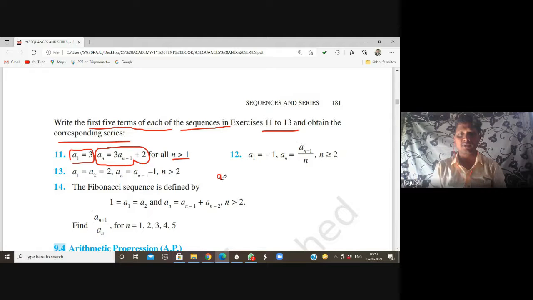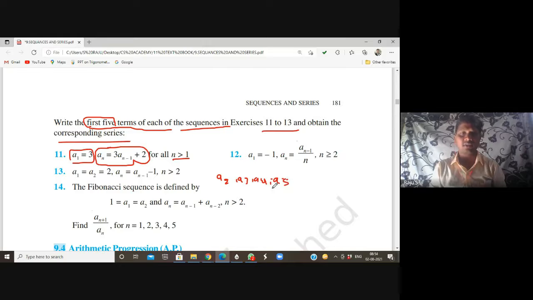N greater than 1 means with the help of this A1, substitute to get A2, A3, A4 and so on. We are going to get some particular sequence here. How many terms do we need to find? First 5 terms: A1, A2, A3, A4, A5.